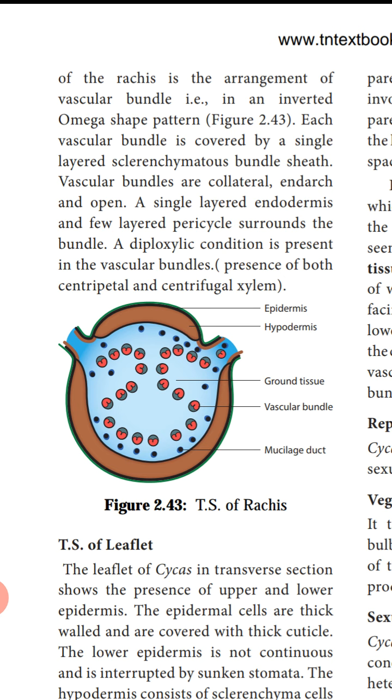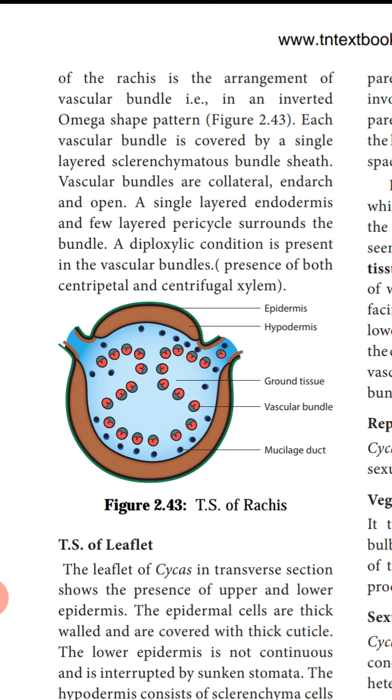Endarch condition. Endarch condition means towards the inner side protoxylem is present and towards the outer side metaxylem is present. So the diploxylic condition is present in the xylem, that is centripetal and centrifugal arrangement. So this is about the TS of rachis we have studied.